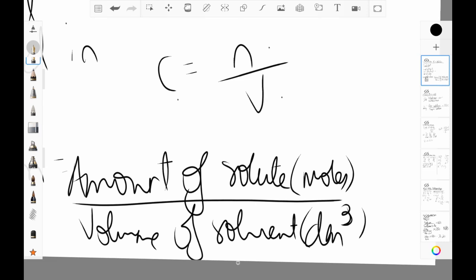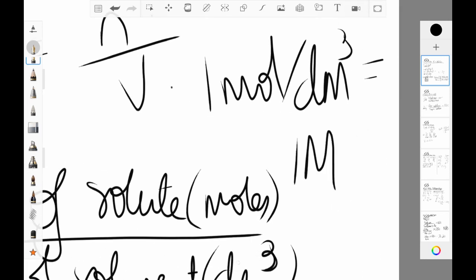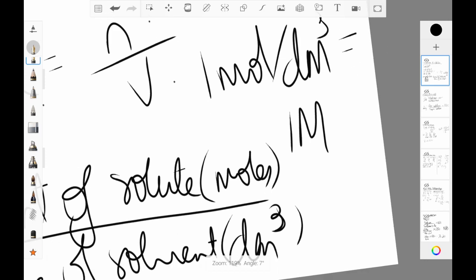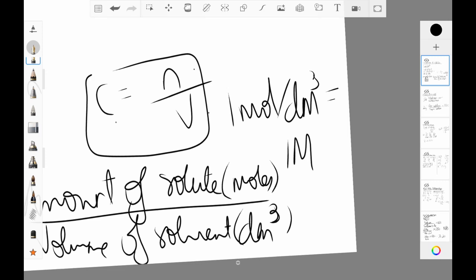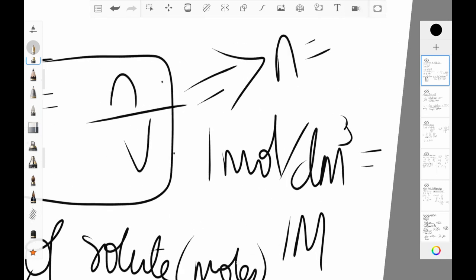One mole per dm cube may also be written as 1 M, 1 capital M. It means the same thing. And of course, you can also rearrange this formula as n equals CV, which is another way of finding the number of moles.